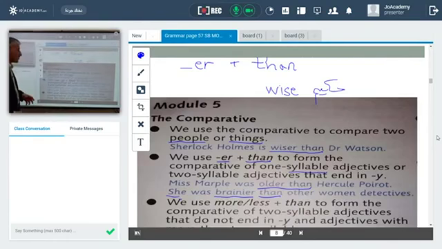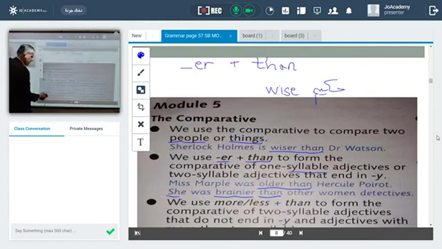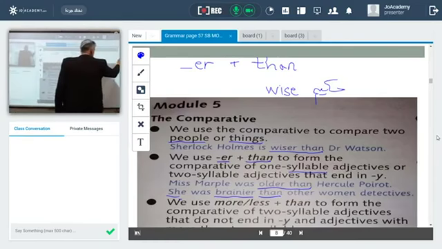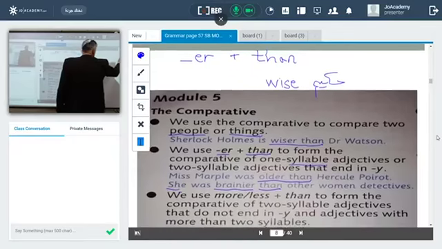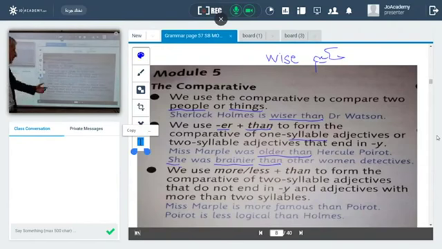Okay, we use more or less plus than to form the comparative of two syllable adjectives that don't end in Y. More means أكثر, less means أقل.